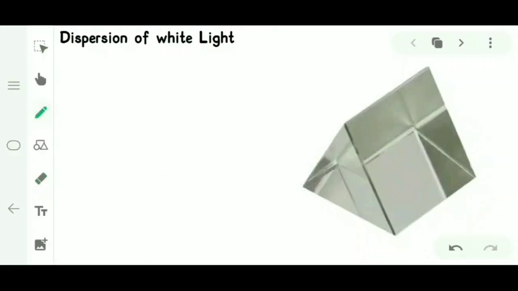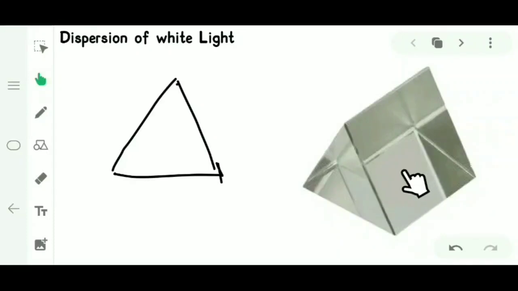Here again we take a triangular glass slab. Actually this is the face where we make the base, which will be rectangular, so the upper side will be the triangular one. So we take the triangular shape. Now when the white light is passed through it, obviously it will start bending, because when the light ray enters into a denser medium like a glass slab, it will start bending towards the normal.